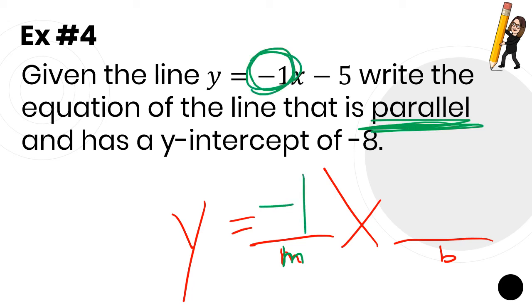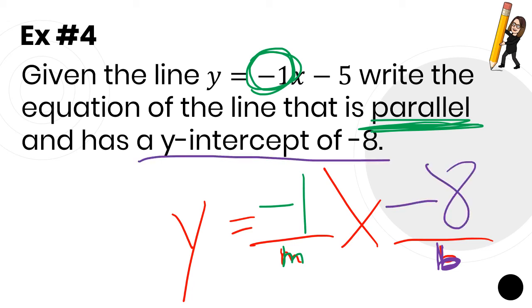So you're just going to copy it down. Then for my y-intercept, it says, hey, use -8. So we fill it in. If it's a +8, we'd put a plus sign. So make sure you carry that sign down. Again, we're ignoring that piece.